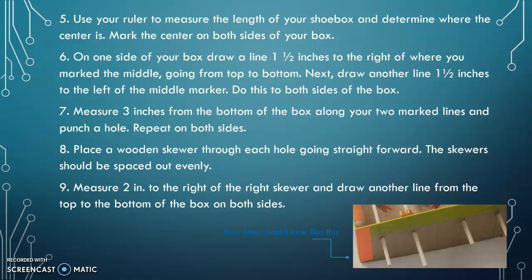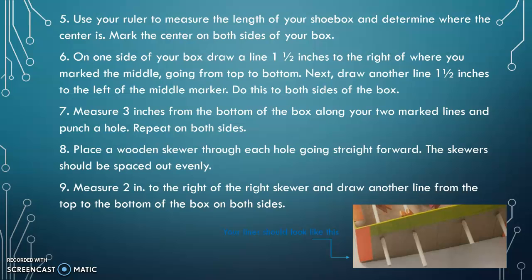So you'll find the center and draw a line. From that line, 1.5 inches over, is where your first line will go. Then measure 3 inches from the bottom of the box and punch a hole along that line.